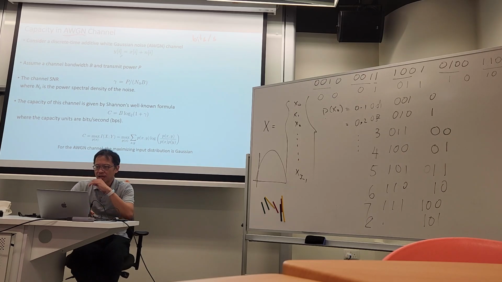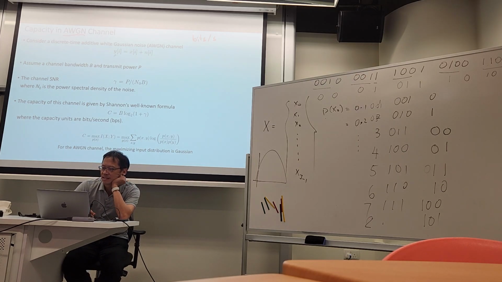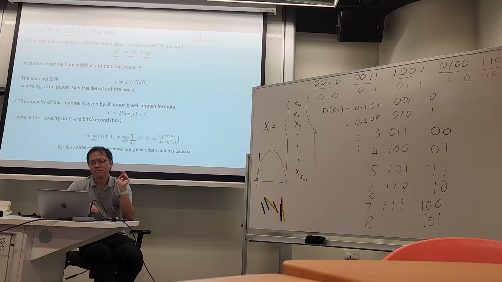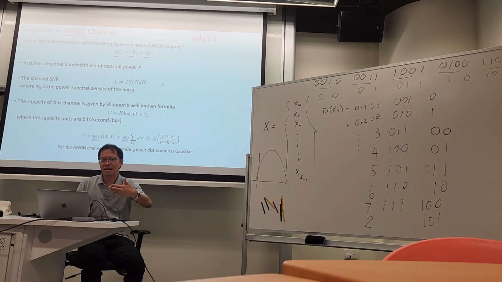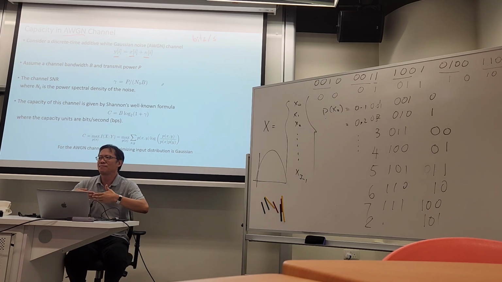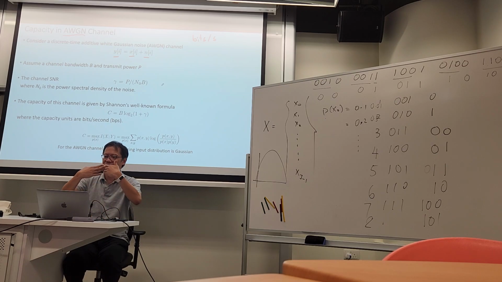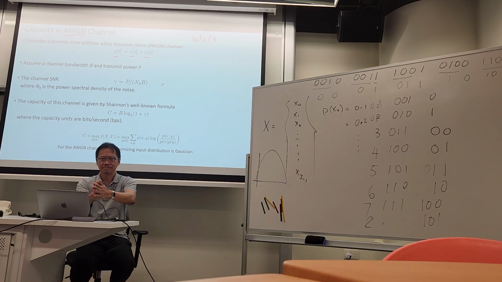So for additive white Gaussian noise, let's say this Y is what you're going to receive, this is what you send, and then in the channel there's this noise that's written as N. Right? In digital transmission, we are transmitting bit by bit, so it's discrete time. Every time we transmit, we are using the channel.